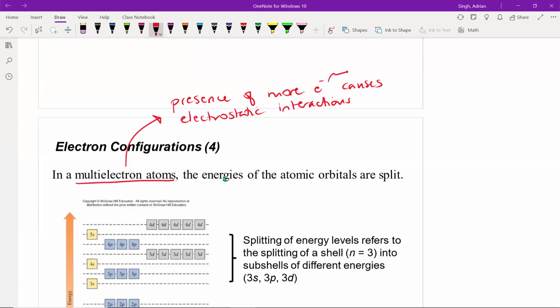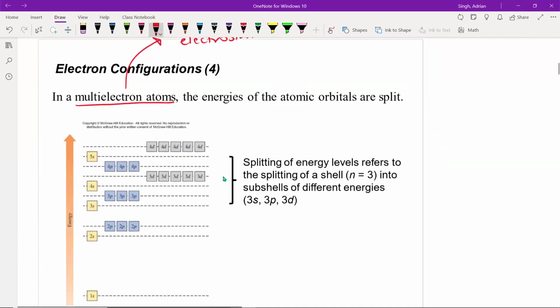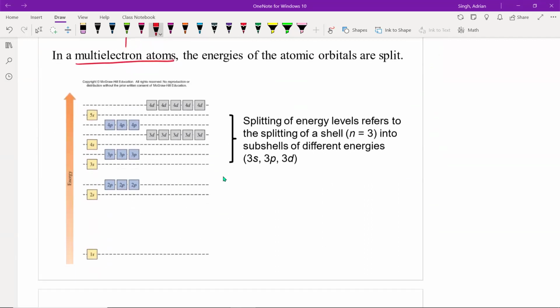Remember, electrons are negative. So we have negative and negative charges, and they will tend to repel each other. As a result, the energies of the atomic orbitals are now split. So we call that splitting of the energy levels.